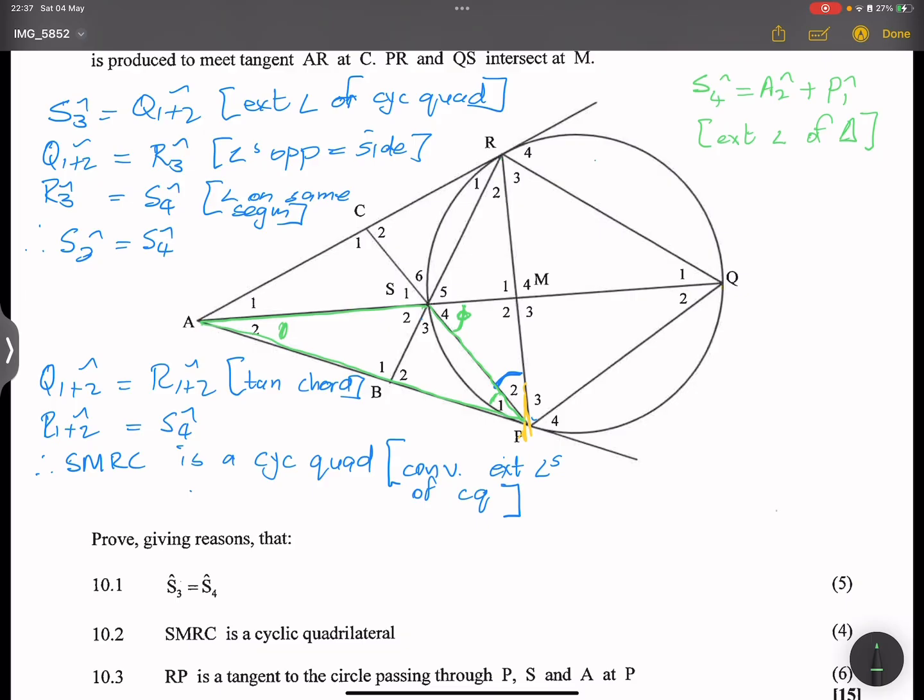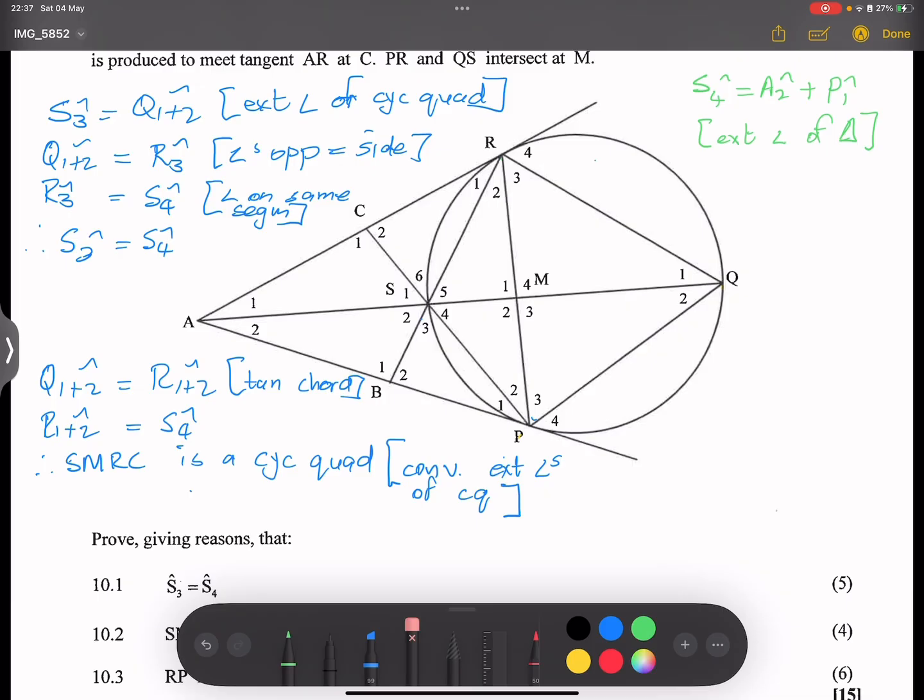Now I'm also going to use another triangle, RSP. This triangle over here.